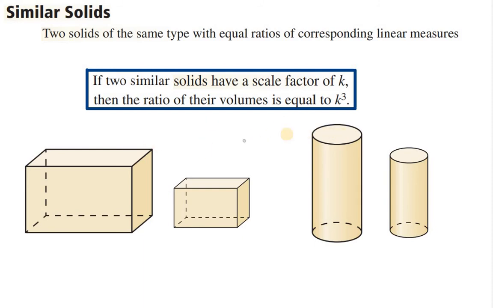If two similar solids have a scale factor of k, and the scale factor is the dimension of one divided by the dimension of the next one, then the ratio of the volumes is equal to that scale factor to the third power. Remember, volume is cubed, right? We take the units cubed, so we're also going to do our scale factor cubed.